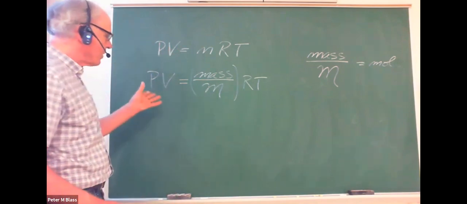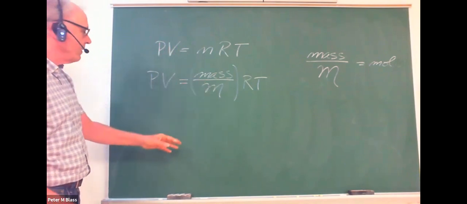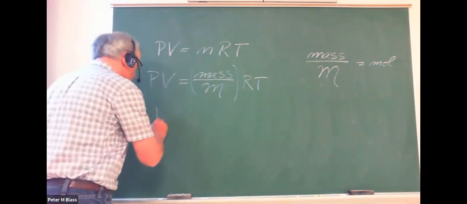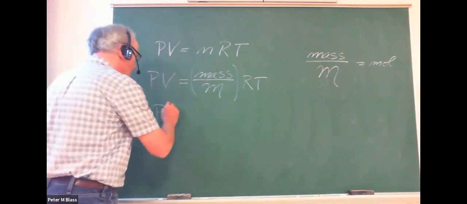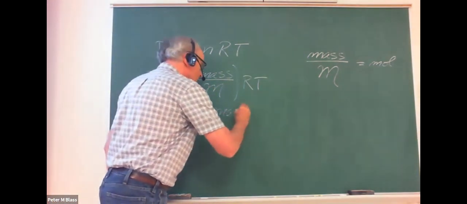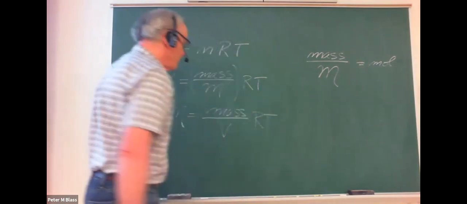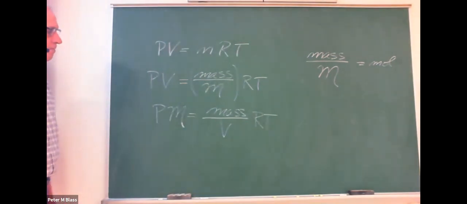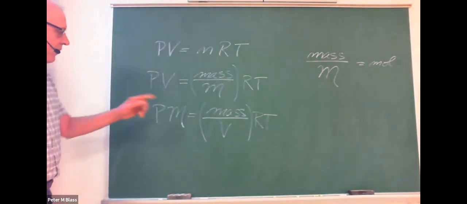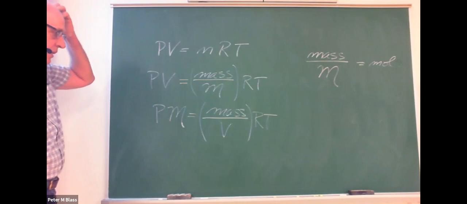So let me multiply both sides by the M, the molar mass, and divide both sides by the V. So P, still there, multiply by M, mass, still there, divided by volume, times RT. Okay? And then this, well, that's what I wanted, right? That is the density, isn't it?